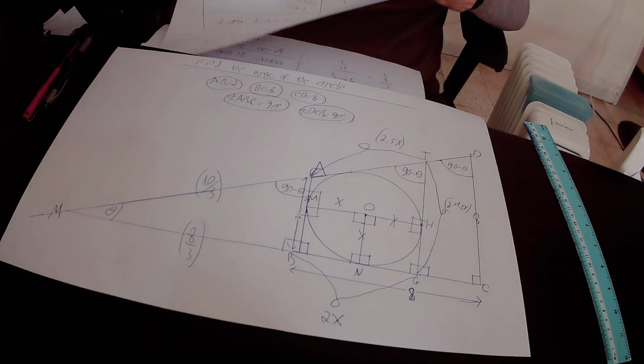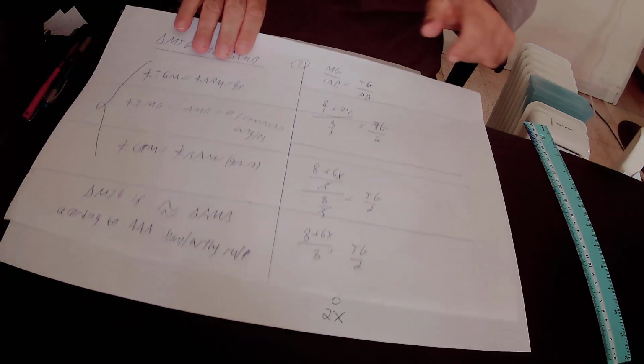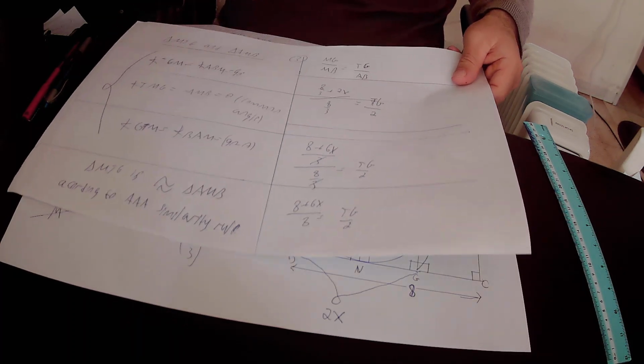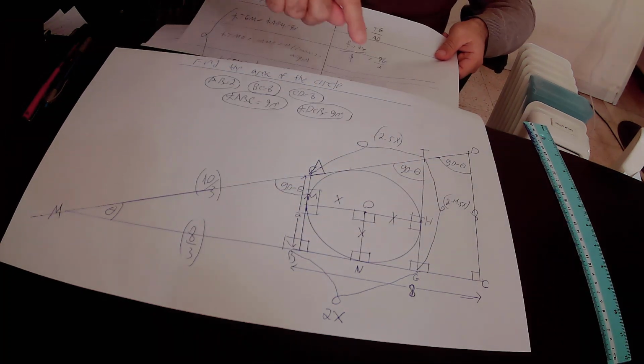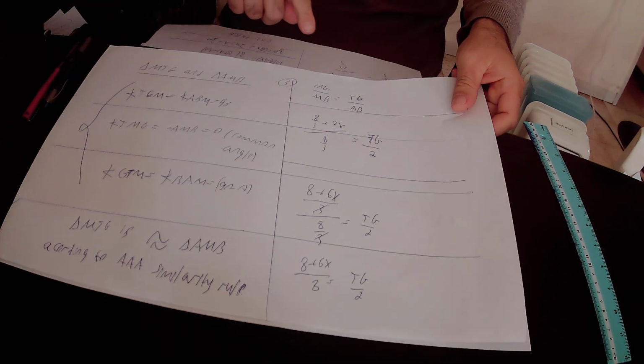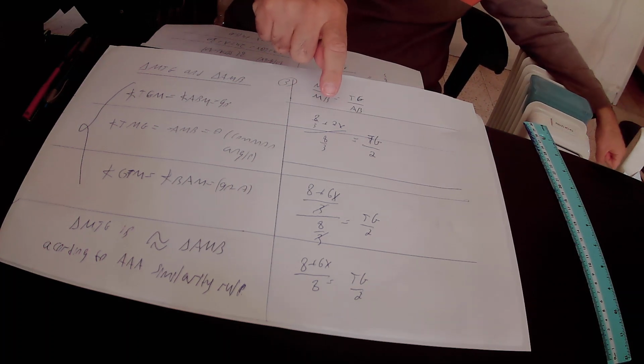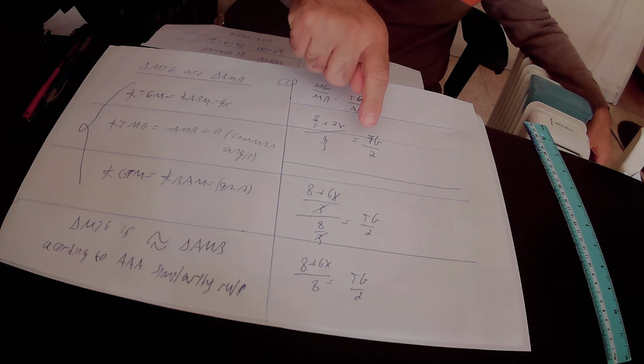Again, MG over MB is 8 over 3 plus 2x over 8 over 3, and it is equal to TG, which is unknown so we leave it as it is, over AB, that is 2. So we found that 8 over 3 plus 2x over 8 over 3 equals TG over 2.